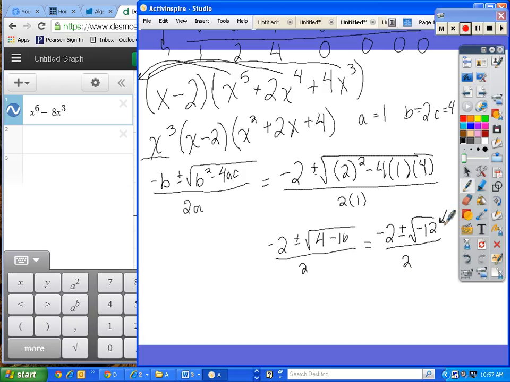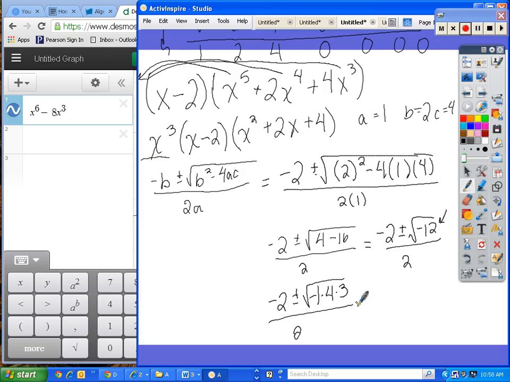4 times 3, and the square root of 4 is 2. We're not looking for the square root of 16; we're doing the square root of 4. So I can write it out: negative 2 plus or minus the square root of negative 1 times 4 times 3, divided by 2. That is 12.